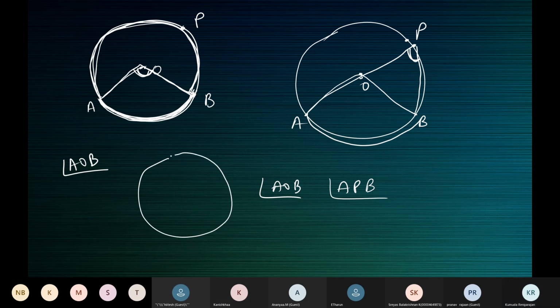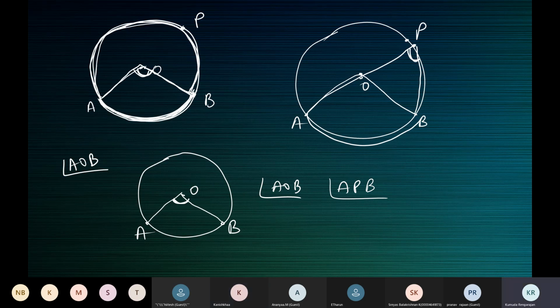Circle, center O. AB is an arc. What kind of arc is AB? Is it a major arc or a minor arc? Minor arc. Now when I join A to O and B to O, angle AOB is formed at the center, correct? Yes, ma'am.